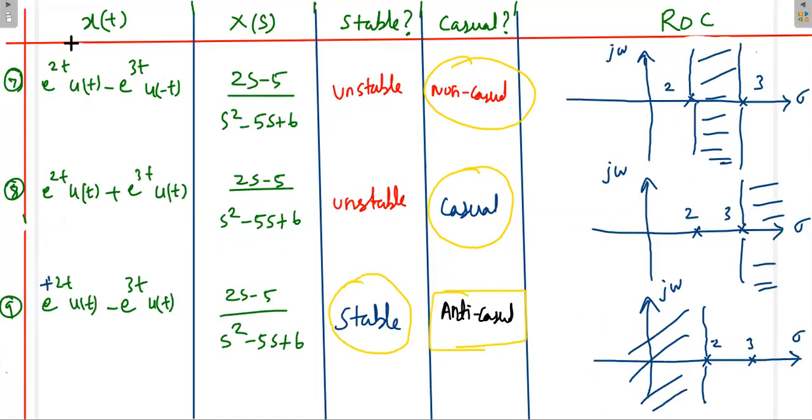Once we see the basics of the inverse Laplace transform, we will solve this entire problem, so that we get a complete idea about the Laplace transform and inverse Laplace transform, and how important the ROC is, specifically in signals and systems.